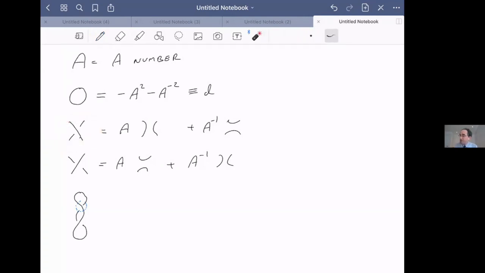Okay, so I can replace that crossing with A times vertical plus A inverse times horizontal, just like this rule tells us to. And then the rest of the picture gets filled in exactly as it is over here on the left.